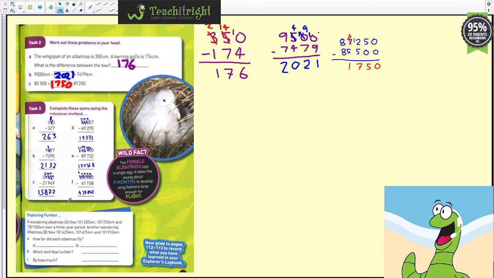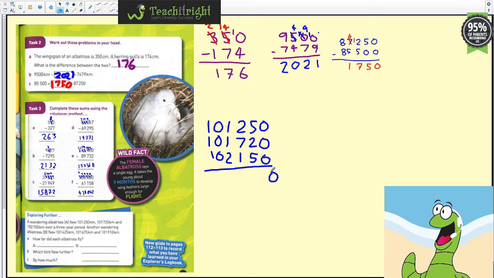Yeah, so I think we need to do albatross A flew, this is going to be an add, so 1,001,250 plus the second year's distance plus the third year's distance, going further and further each year. Very impressive.